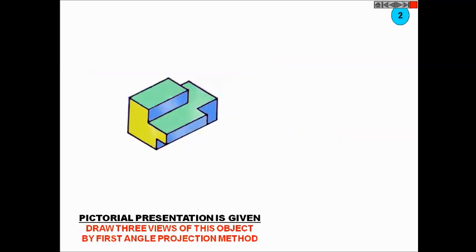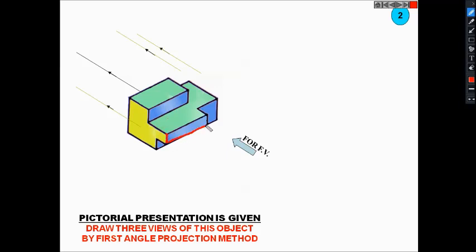Suppose this particular object has been provided with a front view direction. While drawing the front view, this rectangle is visible, the front rectangle or front portion of your object. Then this blue color portion is also visible.